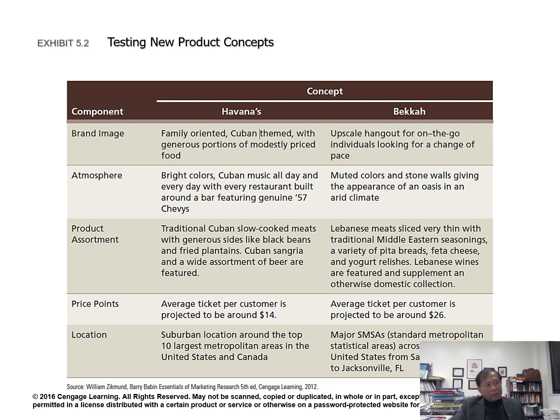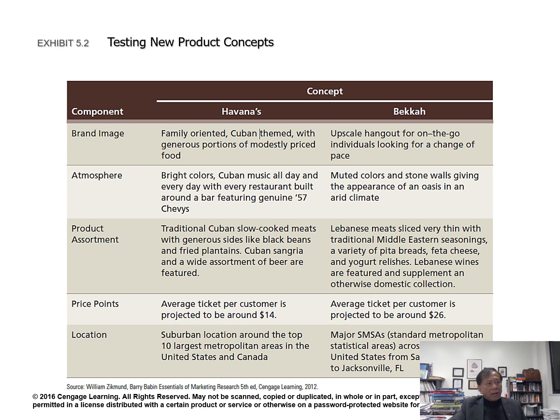For Becca, you may want to offer Lebanese meat sliced very thin with traditional Middle-Eastern seasoning, a variety of pita breads, feta cheese, and yogurt and radishes. Lebanese wines are featured and supplement an otherwise domestic collection. Price level: Havanas maybe $14 per person. For Becca, $26.